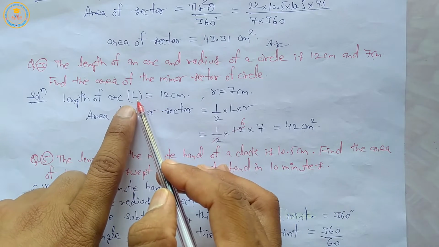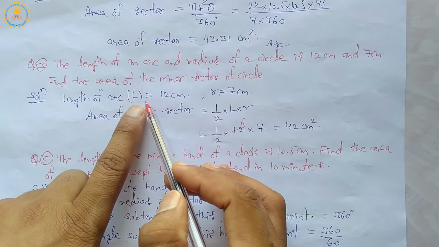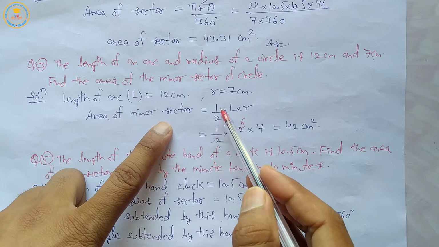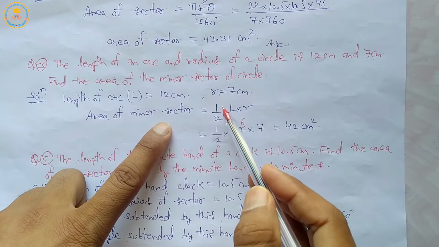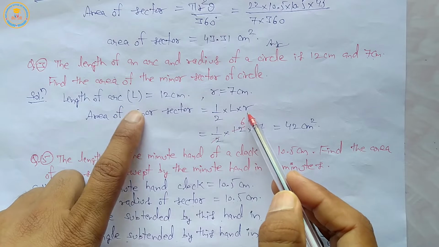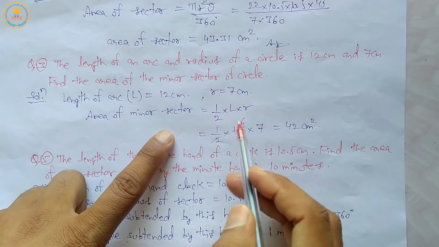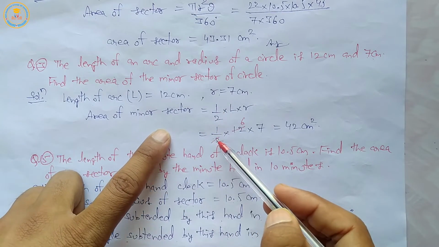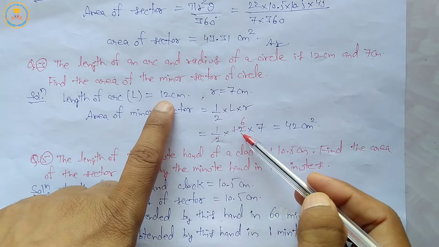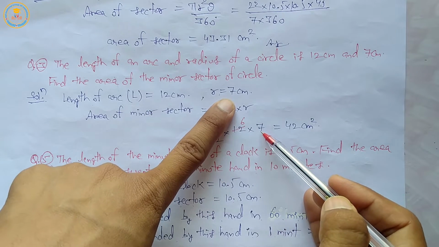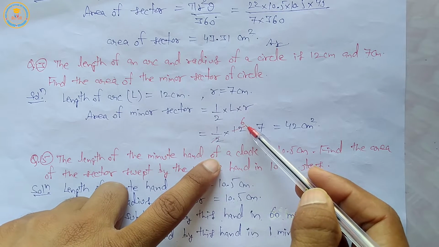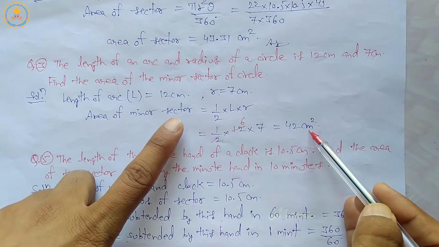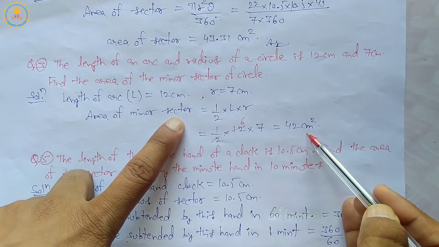According to length of arc and radius, the identity of area of minor sector is half multiply L into R, half multiply length of arc into radius. Direct identity: half as it is, L is 12 and R is given 7, cancel out, 6 multiply 7, 42 centimeter square. Therefore area of minor sector is 42 centimeter square. Answer.